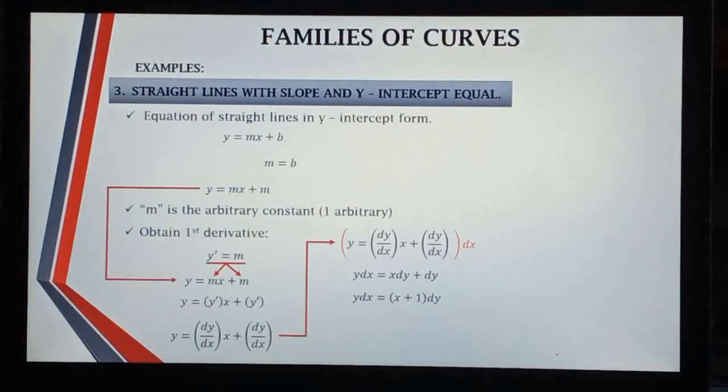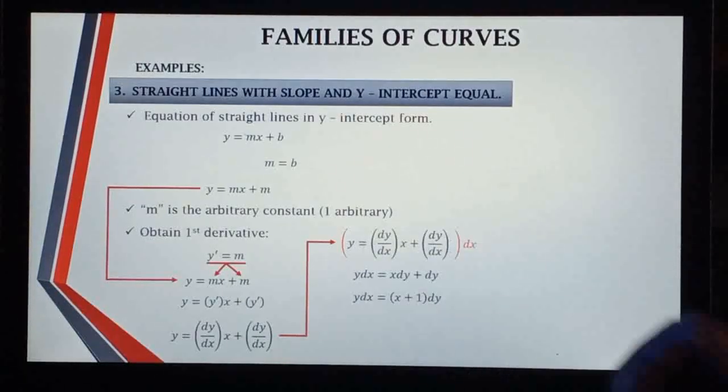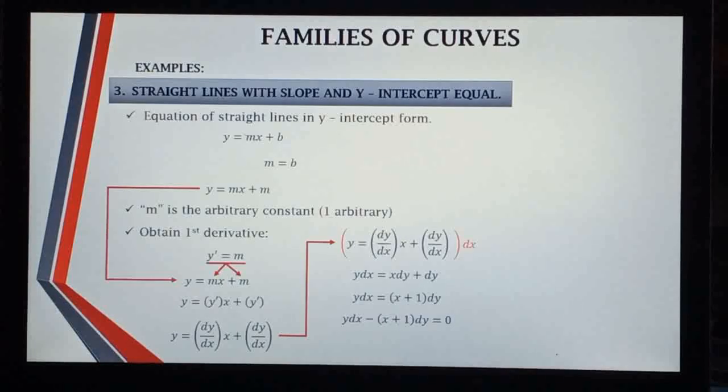So simplifying this equation by transposing this to the other side, you will now have y dx minus the quantity of x plus 1 dy equated to 0. So the differential equation of the straight lines with slope and y-intercept equal is y dx minus the quantity of x plus 1 dy equated to 0.